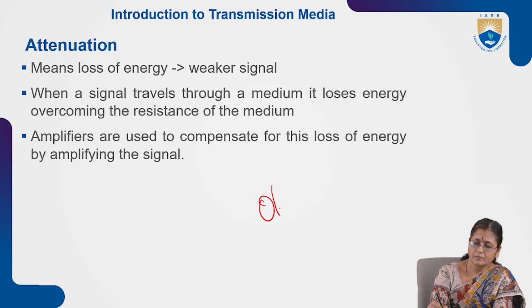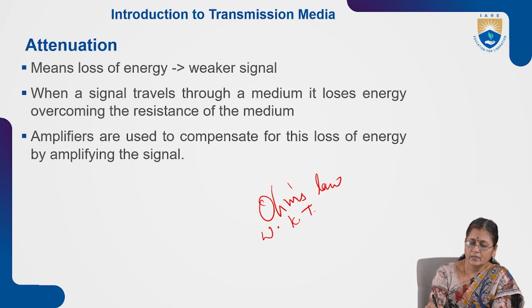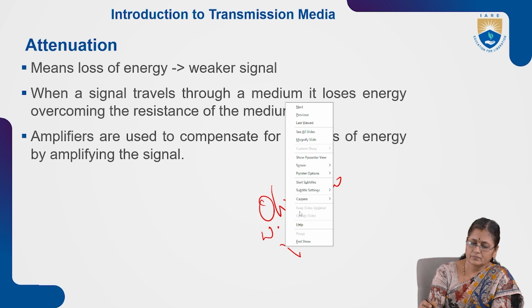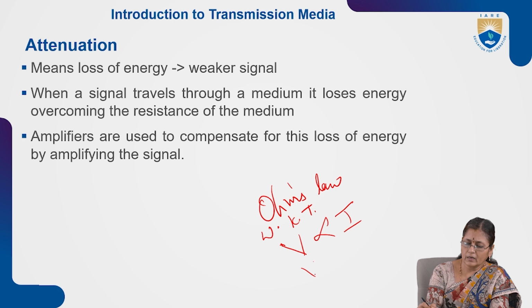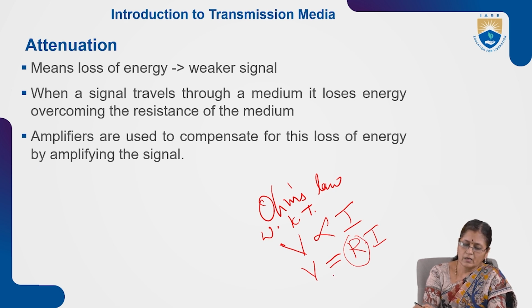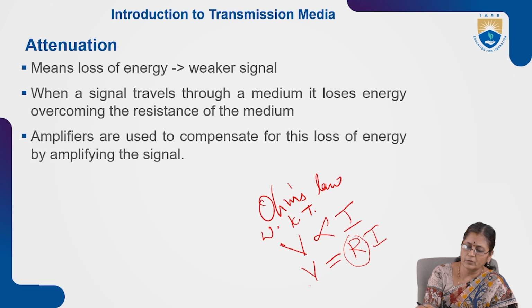According to Ohm's law, the voltage is proportional to the current I. The proportionality constant here is R, so V is equal to R into I. R is the proportionality constant here, so we know that R is equal to V by I.